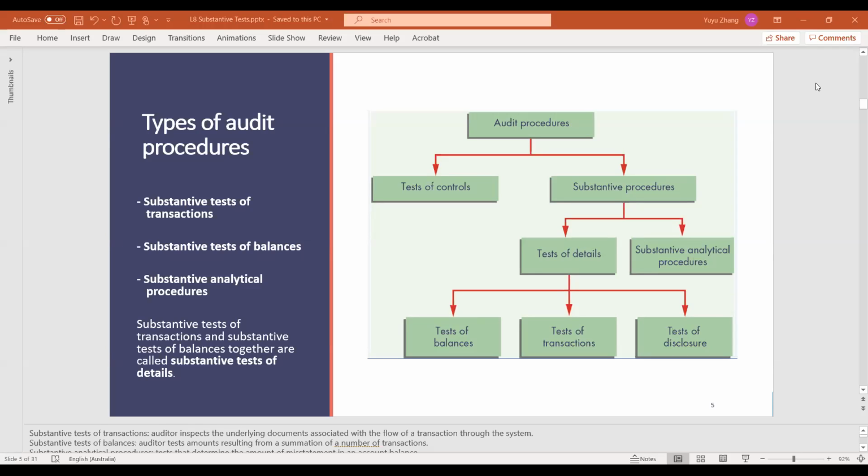So how can you identify the key assertions? For those key accounts, usually all the assertions could be quite important, especially the occurrence assertion, completeness assertion, and valuation assertion. Those three assertions are often very important for key accounts.